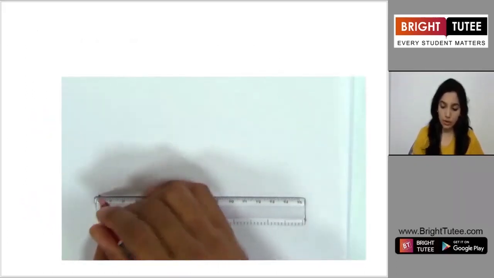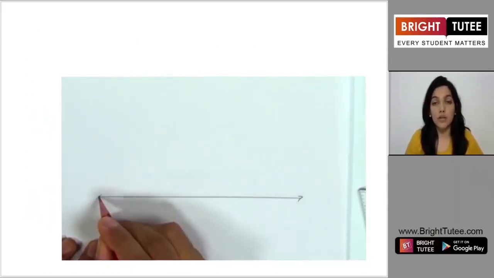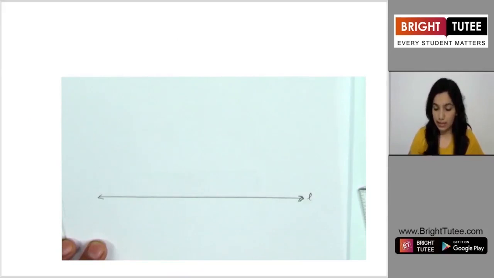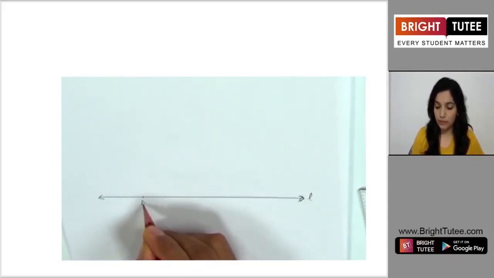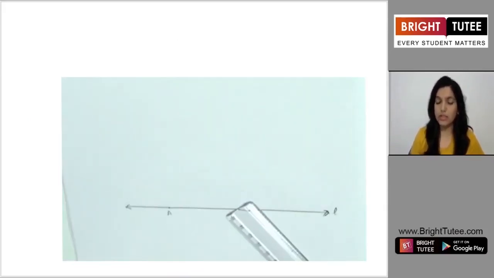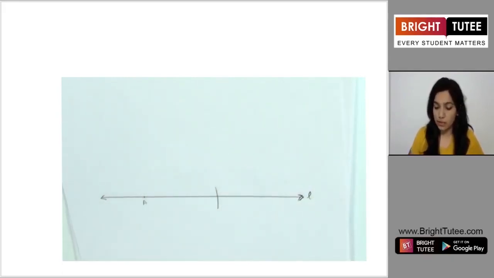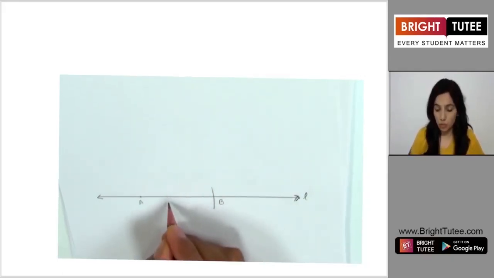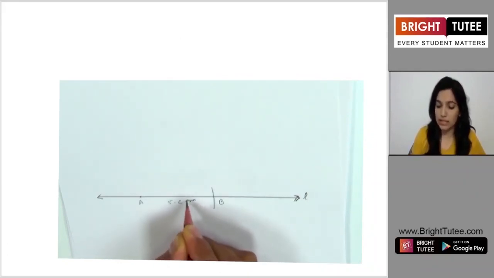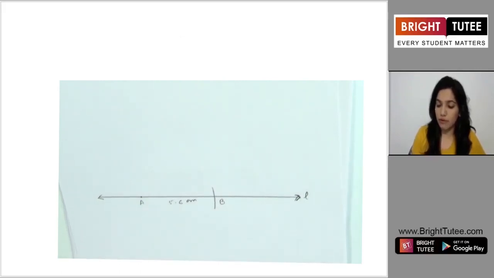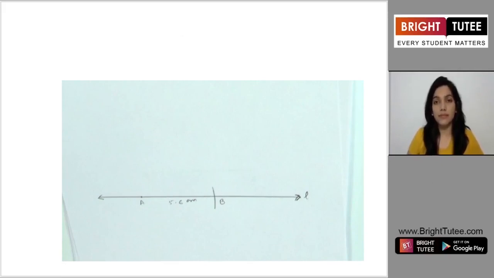So this is how you mark an arc on the line L, and here it was point A. So wherever you see that this particular arc is intersecting the line, we mark it as point B. And what is the line segment that we have observed? This line segment AB is equal to 5.6 centimeters. Is that clear? I hope it's simple.